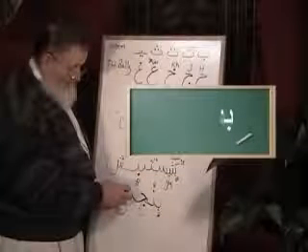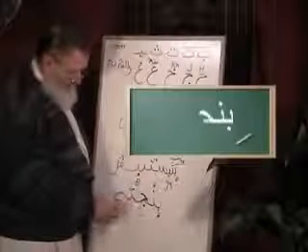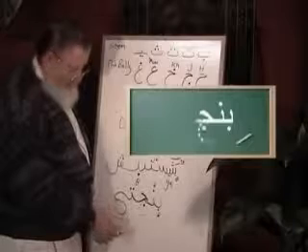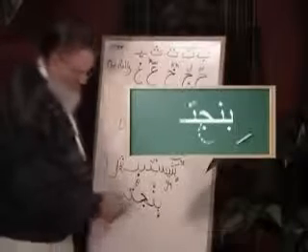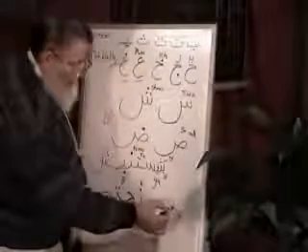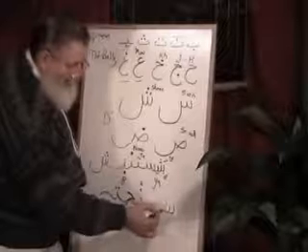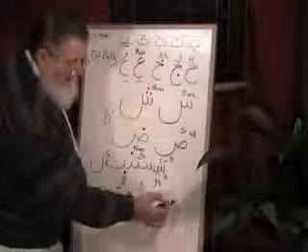Now, we're going to put two over here. We've got two down here. Now, wait a minute. What's this? Aha. Well, we're finding out now that ya, which I'm showing you up here, looks like this with the stem only when it's in a word like this.